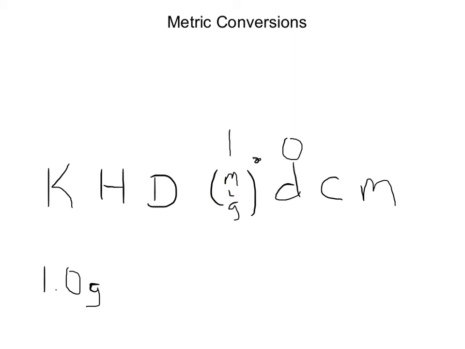And so therefore we put a decimal right after that, 1.0 grams. But we are then going to convert it to decagrams. So very simply, we're going to move our decimal to right here. And so we can see here that 1.0 grams is equal to 0.1 decagrams.